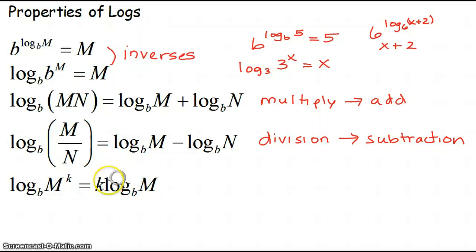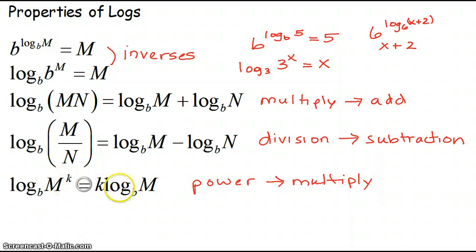Now this one's a little bit tricky because this is the power, but we did have a power to power rule, and what did we learn about the power rule? We knew that we multiplied the exponents then. So notice that what really happens is you end up multiplying by the k because the k was the exponent.